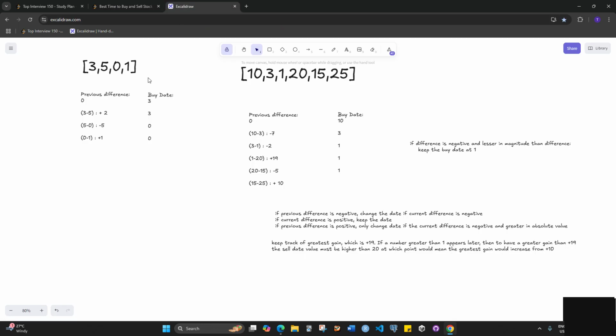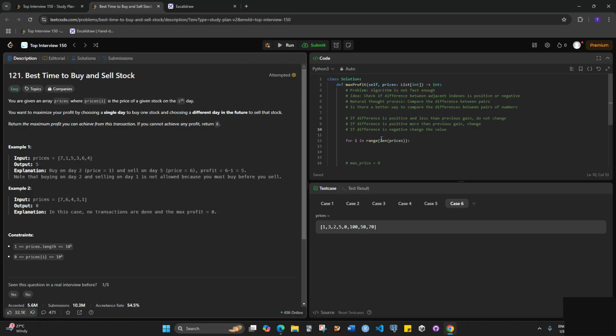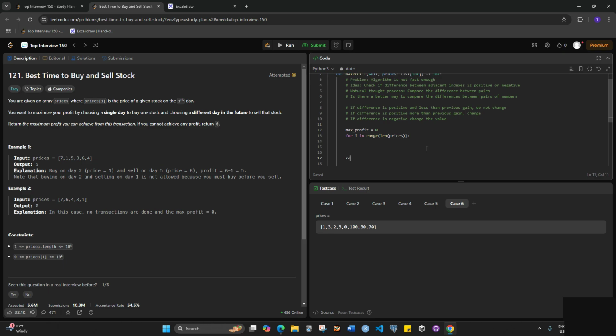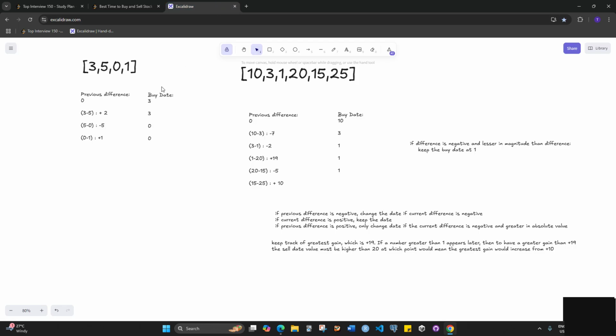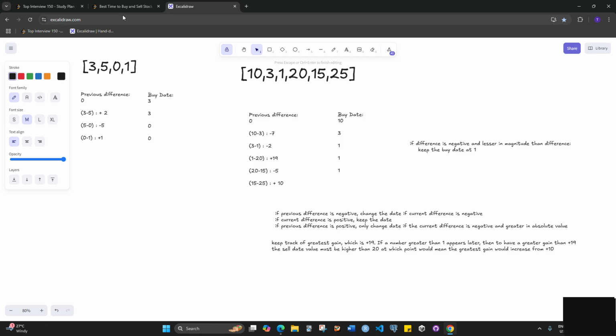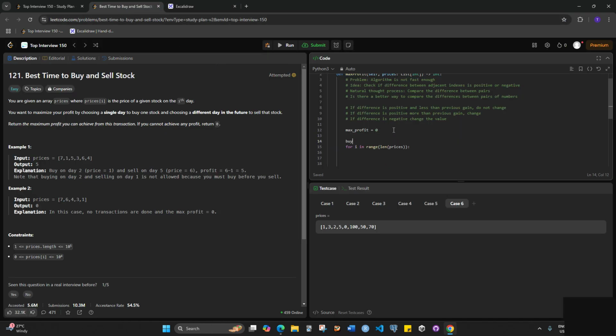Return the maximum profit. So I guess we can still keep the max profit here. And then eventually we're going to have to return max profit. Doesn't matter, because in this case the max profit is just... and then we just do buy value equals nums 0.